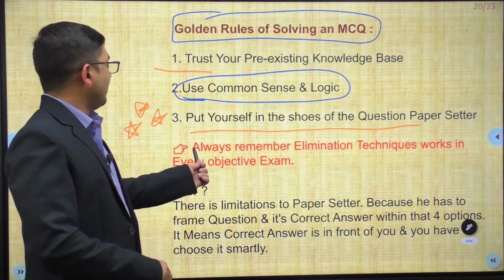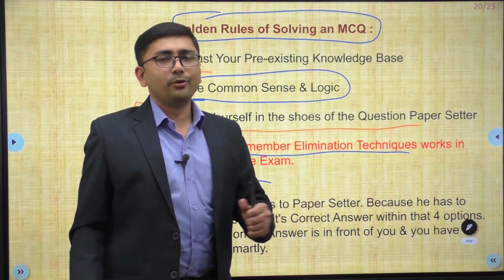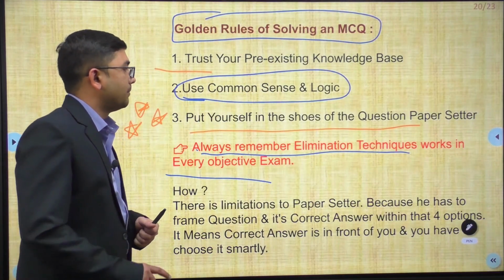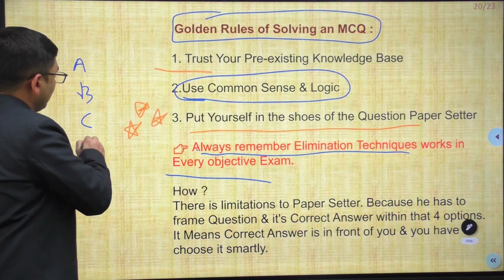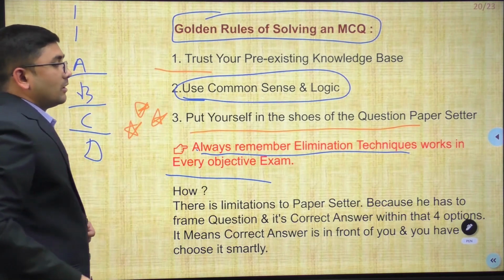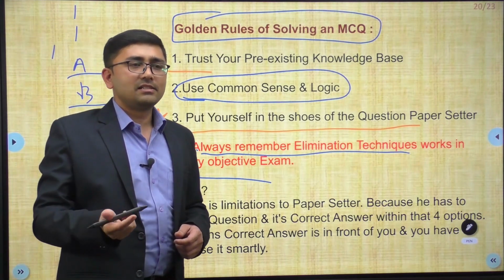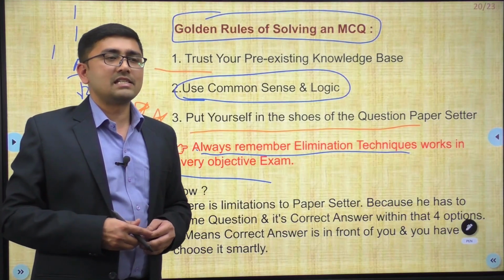And always remember, elimination techniques work in every objective exam. Why, sir? Because there are only 4 options, A, B, C, D. And if there is a statement in front of you, maybe there is an easy tweak. The paper setter will not set a direct question like a board exam.